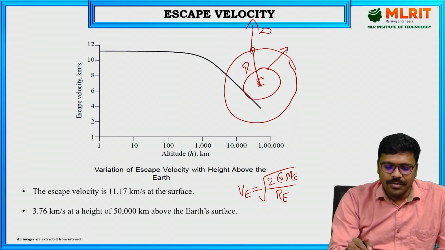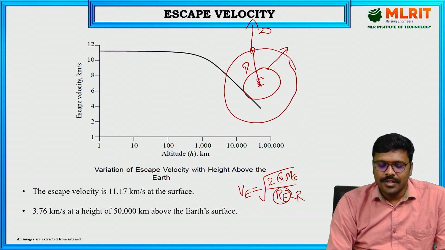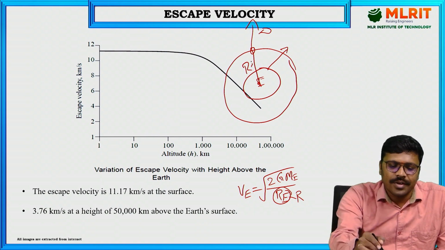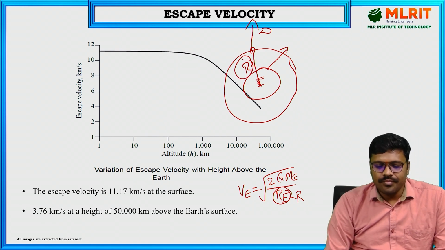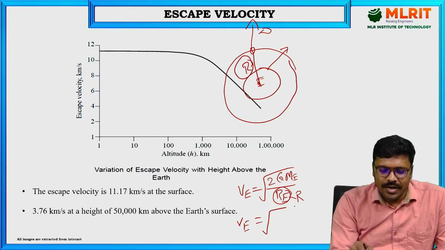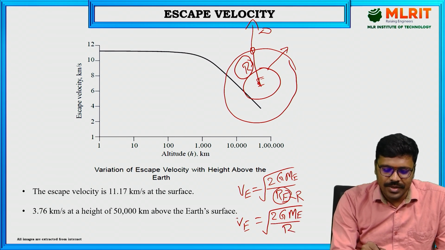Simply you have to change this RE with the radius of the orbit. Then you will get the equation of velocity for an object rotating in an orbit of radius r. Then the equation will become VE is equal to under root 2 capital G me by r.